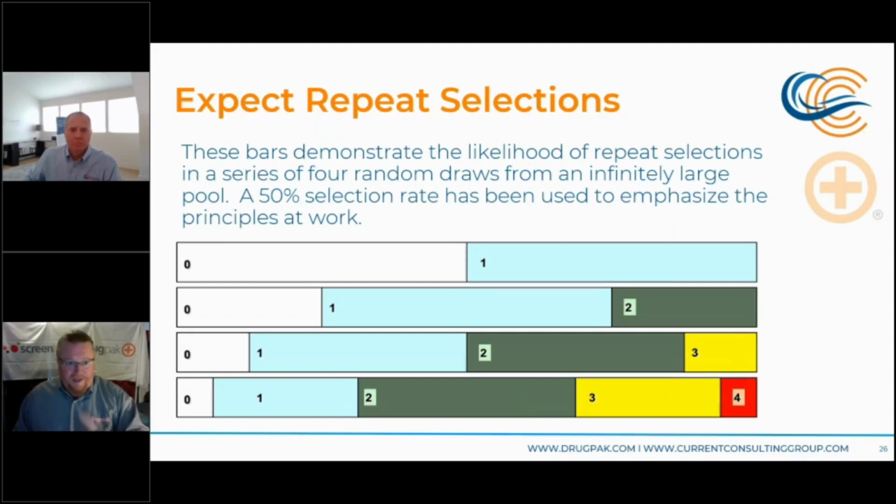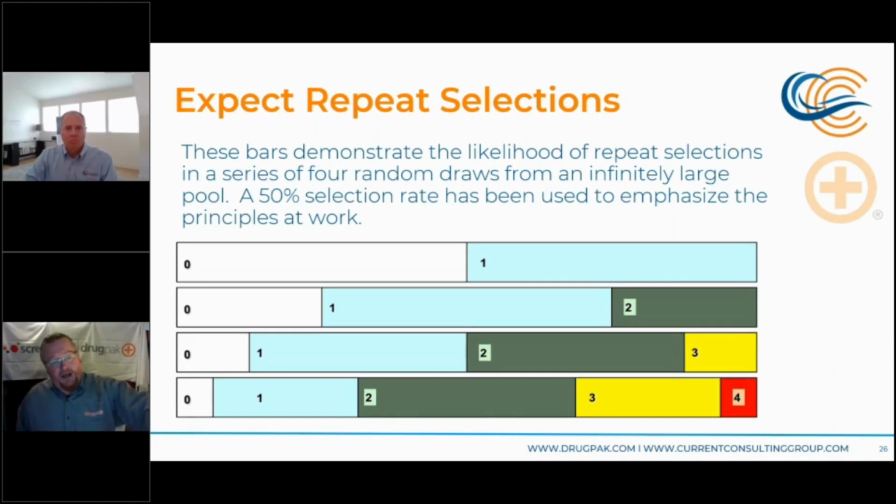We don't want to fall suspect to the law of small numbers, right? This won't work in a group of 10, right? We're not going to get these outcomes with a group of 10. There's going to be fluctuations with small groups. But given an infinite pool, and I'm using a 50% selection rate here just to amplify the effect and to make it easier to read.